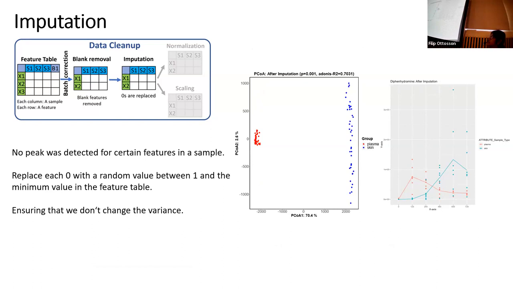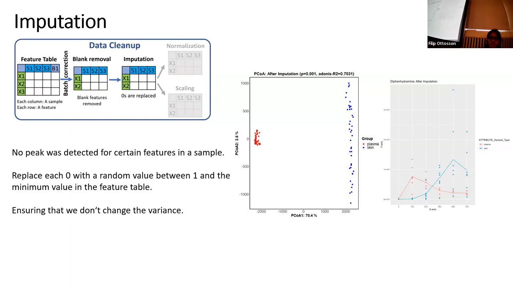So we basically take the minimum value in the feature table, and then between 0 and this minimum value, for each of these missing values, we just randomly impute, in order to also have some variability within the data. But this variability should not be affecting the real variance, so we are keeping it below the minimum value in the feature table.